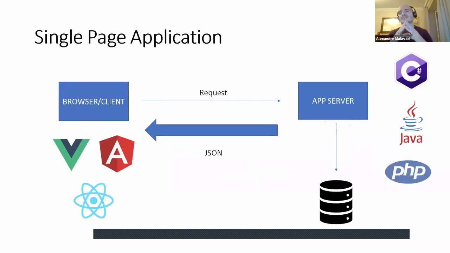And we have the most modern approach, or one of the most modern approaches, which you already know: single page applications using Vue.js, Angular, React, and many other JavaScript frameworks, and you have Blazor right now, which can run WebAssembly on the client side. Why is this a good approach for a high performance web application?